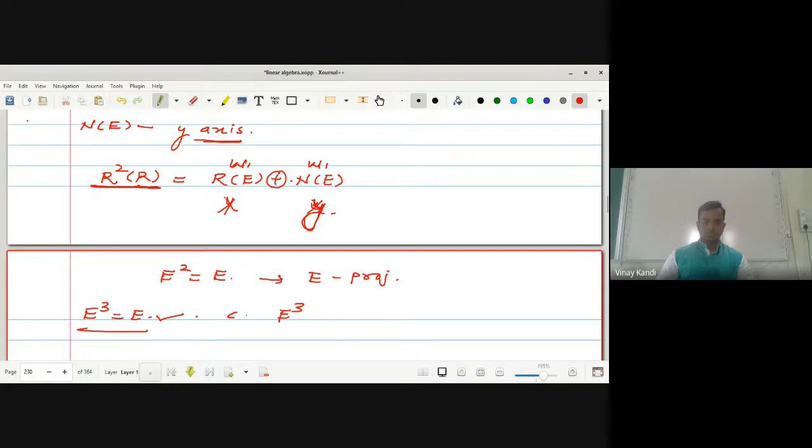E cube is equal to E square into E. What is E square? E square is equal to E. This is E as it is. This is equal to E square. But what is E square? E. Hence what is the value of E cube? E. Hence E is a projection.